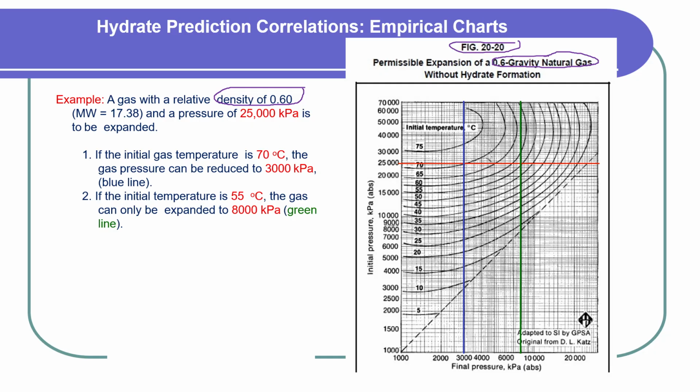Okay, and the gas has a molecular weight of 17.38, and the initial pressure for the gas was found to be 25,000 kilopascal. This means that this is the initial condition.